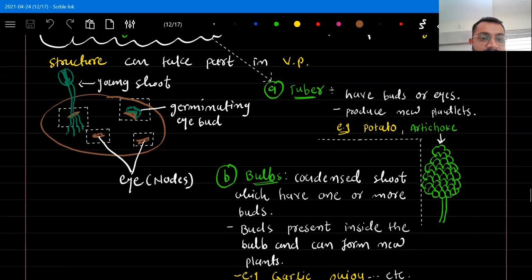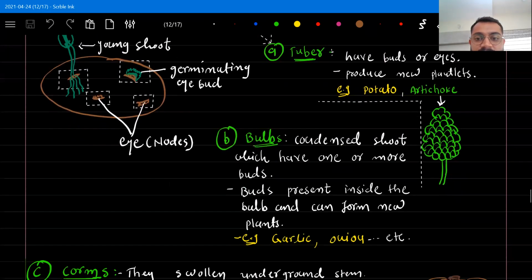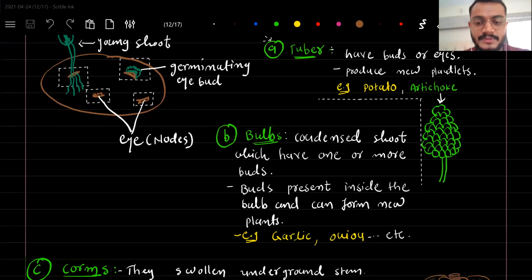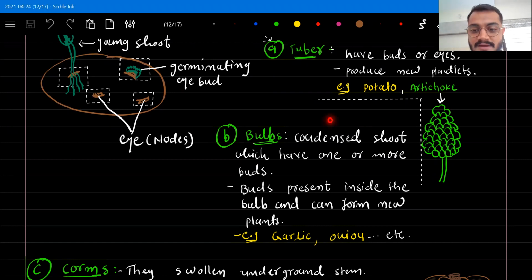So in underground stem, one type is the tuber and the second type is the bulb. In the bulb, the condensed shoot has one or more buds, and the buds present inside the bulb can grow into a new plant. For example, garlic and onion.